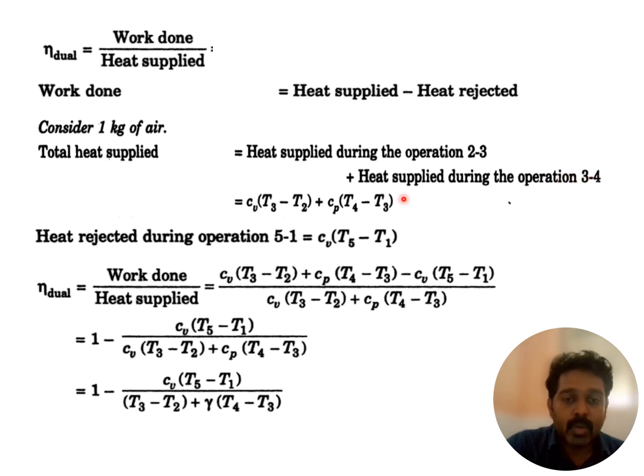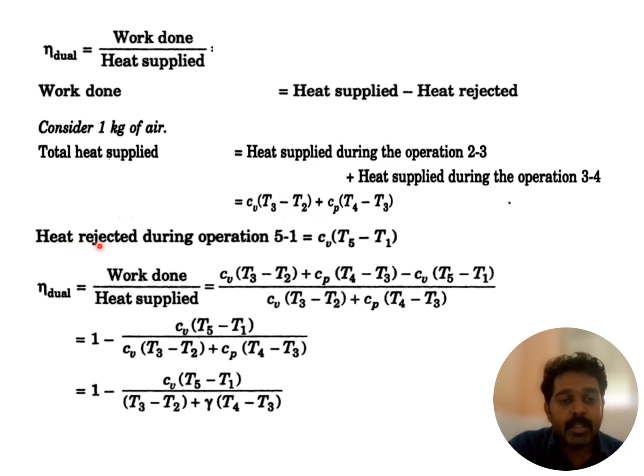So that is the total heat supplied. QS equals QS1 plus QS2, the total heat supplied. So QS1 is Cv into (T3 minus T2), and QS2 is Cp into (T4 minus T3), right?